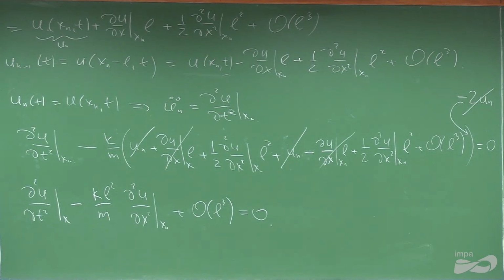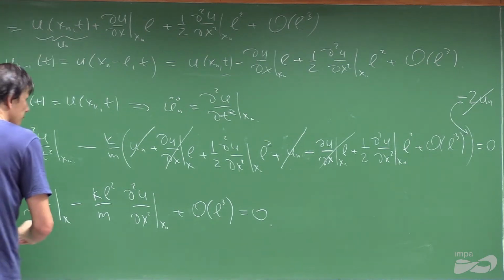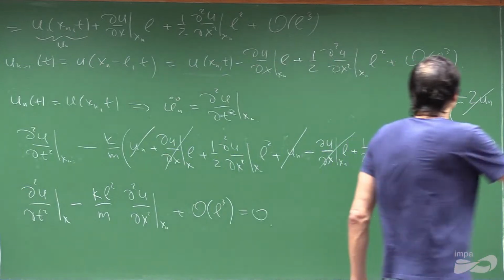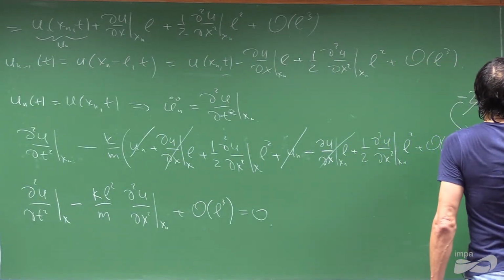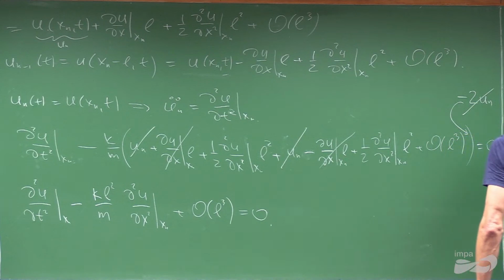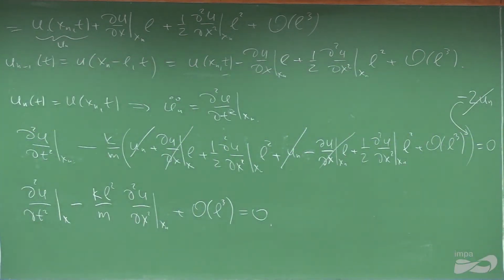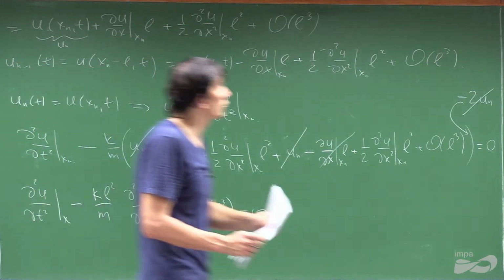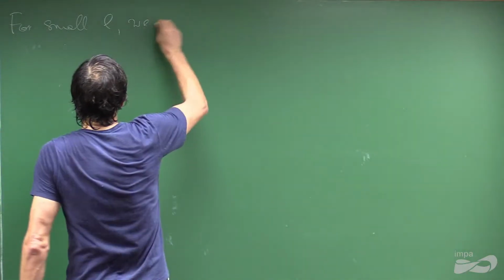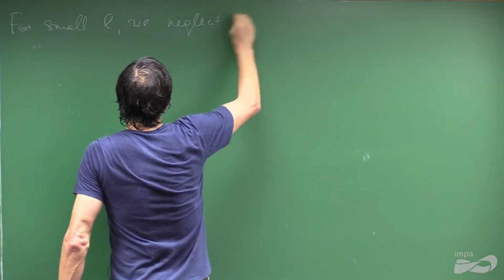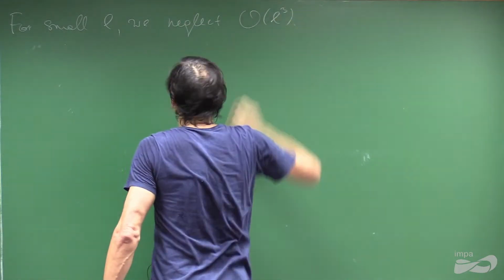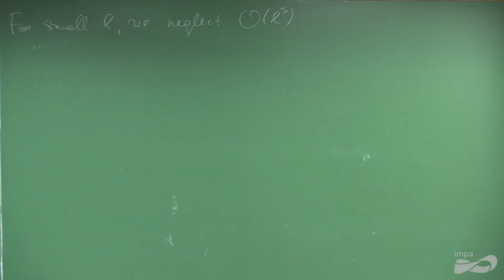Next we do two things. We consider small L. If we now consider that the distance between masses is short, which is the same as saying that the change is very slow, then for small L we neglect this small term, which is the next order for the slowly changing function.